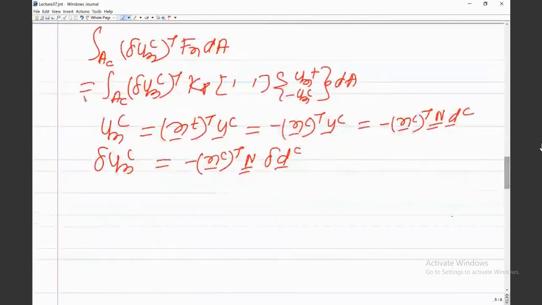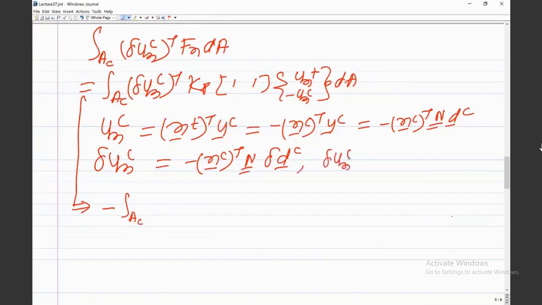Once we have this, this term can be written as minus integration over AC. Why is the minus coming? Because delta UNC has a minus sign. So we will have minus integration over AC of delta UNC transpose.